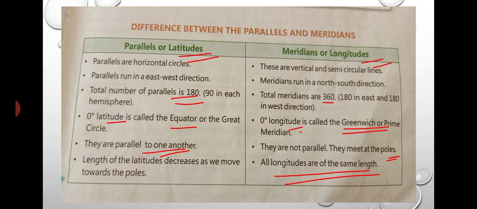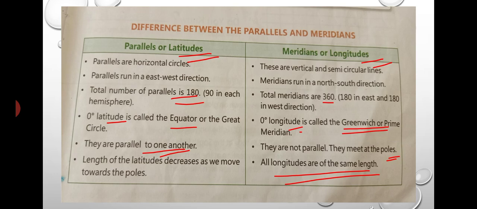The total number of parallels is 180, 90 in the north and 90 in the south. Total longitudes are 360 lines, 180 to the east and 180 to the west. 0 degree latitude is the longest latitude, the equator, which is also called a great circle. 0 degree longitude is the Greenwich or the prime meridian.